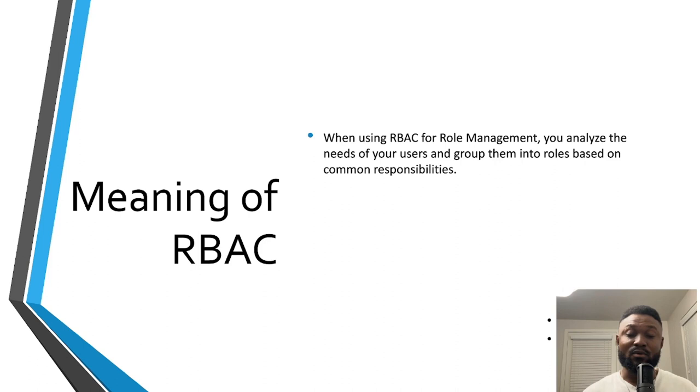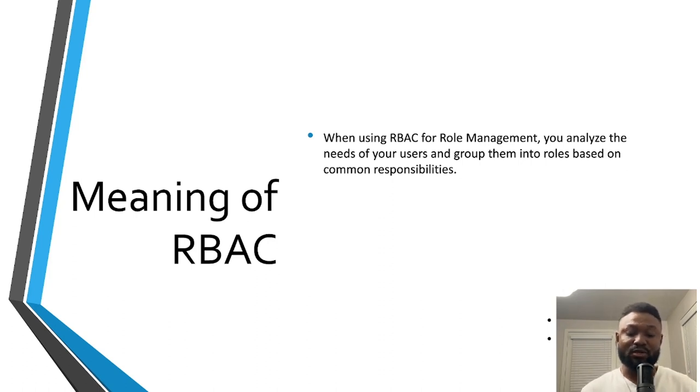As an IAM consultant or IAM engineer, you can look at the responsibility of those network engineers in the organization. You can check whether their responsibilities are exactly the same, or whether they have different responsibilities.